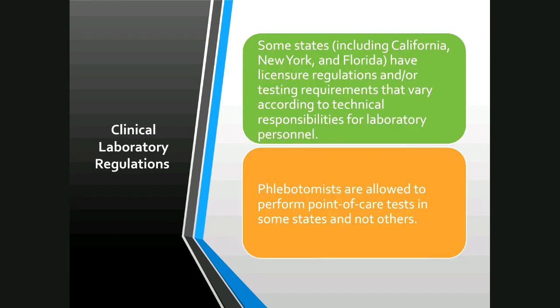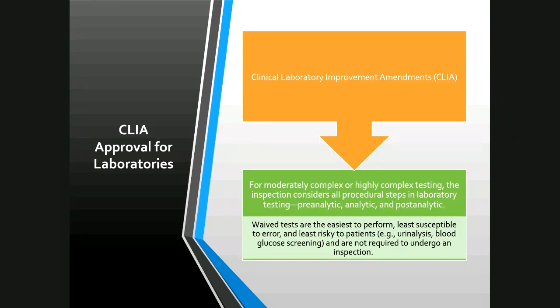The other thing is complexity. There's what we discussed in the last slide, which was waived tests. There are also tests of moderate complexity, and those are tests that are simple to perform but may involve more risk to the patient if the results are inaccurate. Examples include white and red blood cell counts, hemoglobin, blood chemistry, and urine cultures.